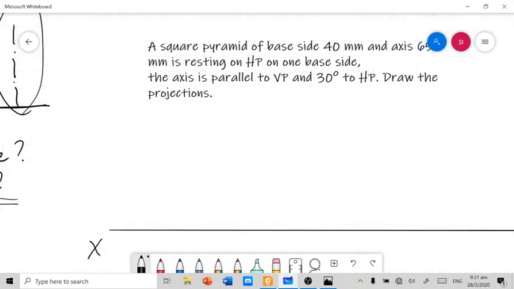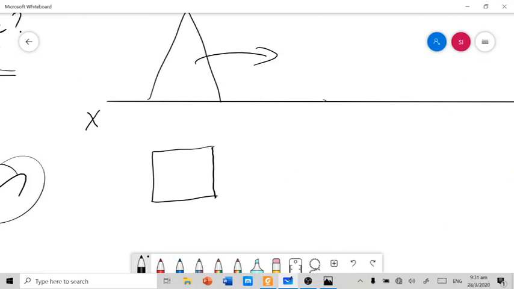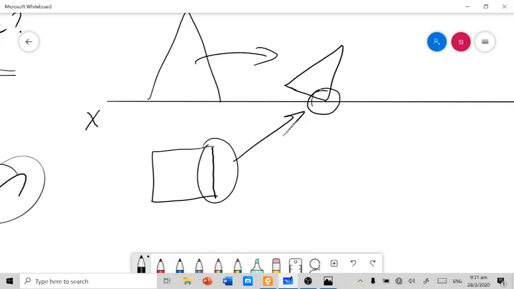In this problem, the solid is going to rest on HP by one of its base sides. So you need to draw a base in which one side is perpendicular to VP. Then only at the time of drawing the tilted view, the solid will rest on HP by one of its base edges.